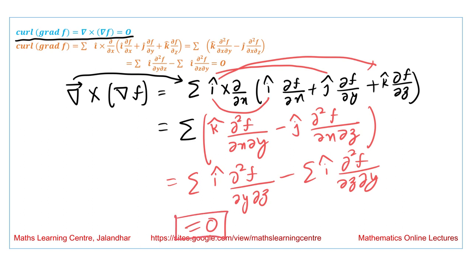This value is 0 because this f function is continuously differentiable, so both these partial derivatives are equal. So the answer in this case is equal to 0.